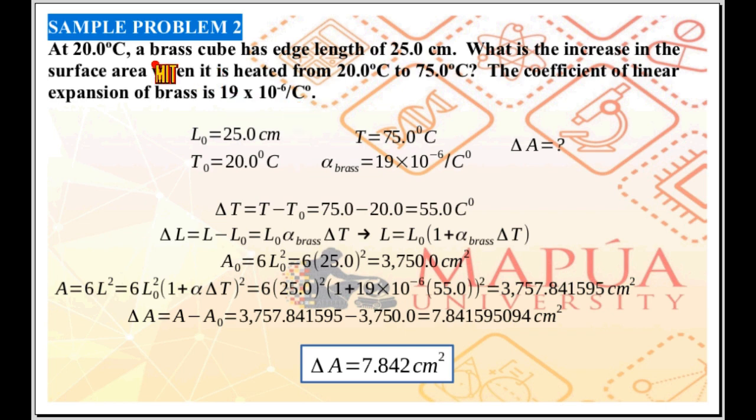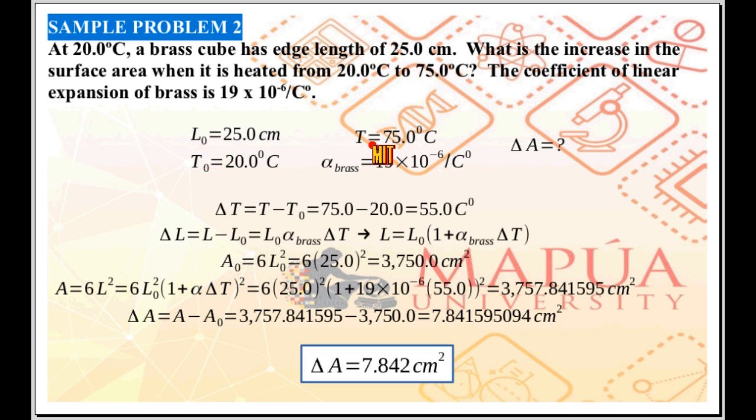So, the temperature changes from 20 degrees Celsius to 75 degrees Celsius. Initial temperature T naught is 20 degrees Celsius. At temperature T naught, the edge length is 25 centimeters, so that's the initial edge length, L naught.